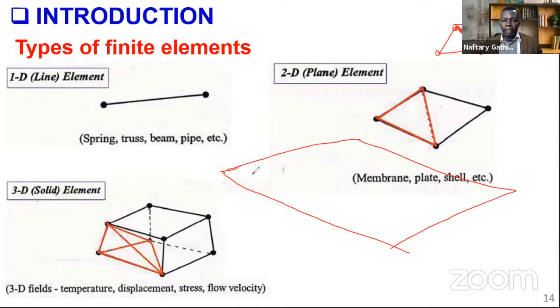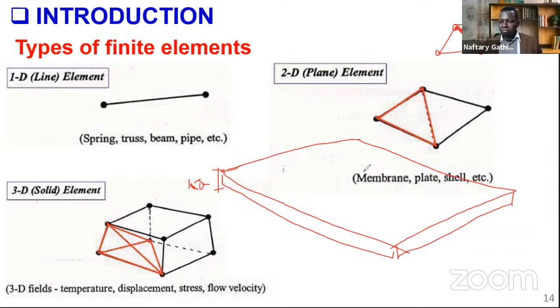But for a slab with significant thickness, not a thin plate, usually in Kenya ranging between 125 and 200, or 150 and 200 millimeters.